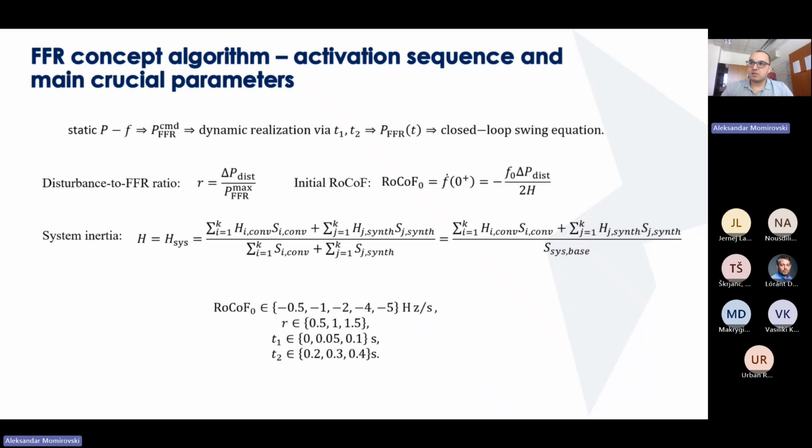So we analyzed the disturbance to FFR ratio, different system inertia levels, a lot of levels of rate of change of frequency at the initiation, and we were doing a lot of sensitivity analysis at the very beginning with the parameters of the FFR.